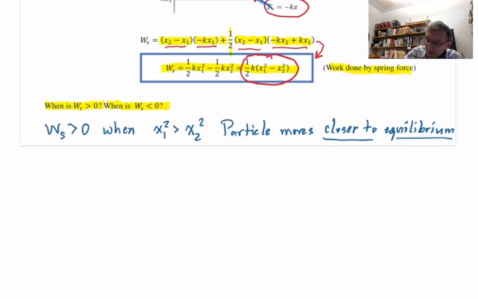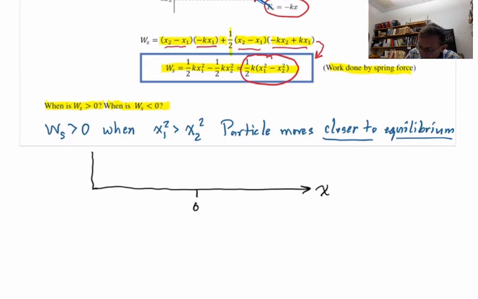For example, let me draw a little sketch. There's our wall. There's our frictionless x-axis. There's equilibrium, abbreviated like that, equil, period. Let's say the particle started out there, x1. That's where the block started. Let me draw over here just so that we have kind of a symmetric view, negative x1. Okay?